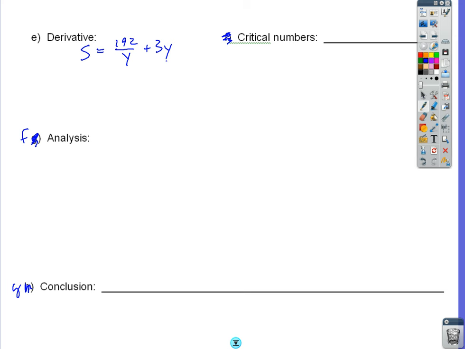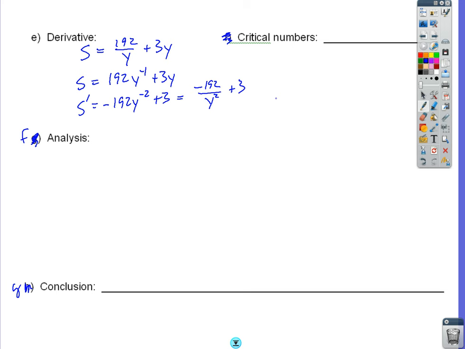To make this easier, I can say that S is really equal to 192y to the negative 1 plus 3y. Therefore, S prime is equal to negative 192y to the negative 2 plus 3. And again, to make my analysis easier, I can write this as negative 192 over y squared plus 3. All right, great.